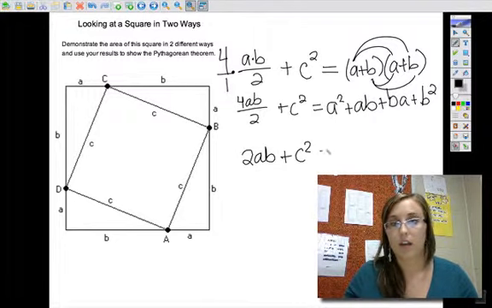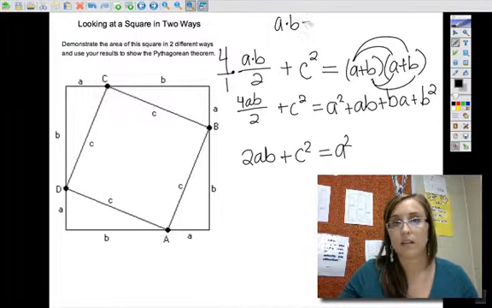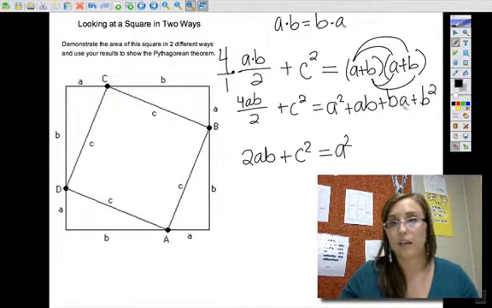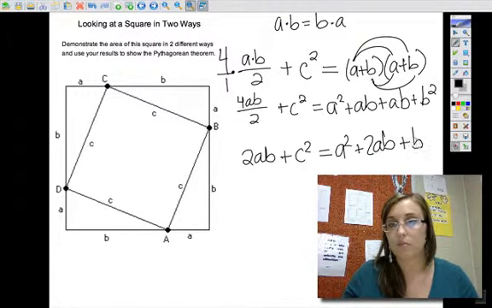plus C squared equals A squared plus A times B, which is the same thing as B times A. So really this right here, BA, I can think of as just an A times a B. So AB plus AB gives me 2AB plus B squared.